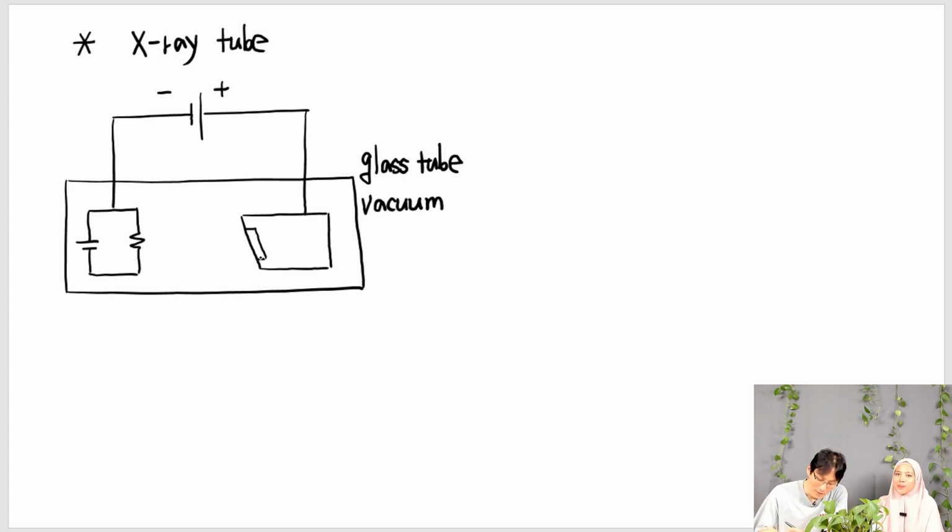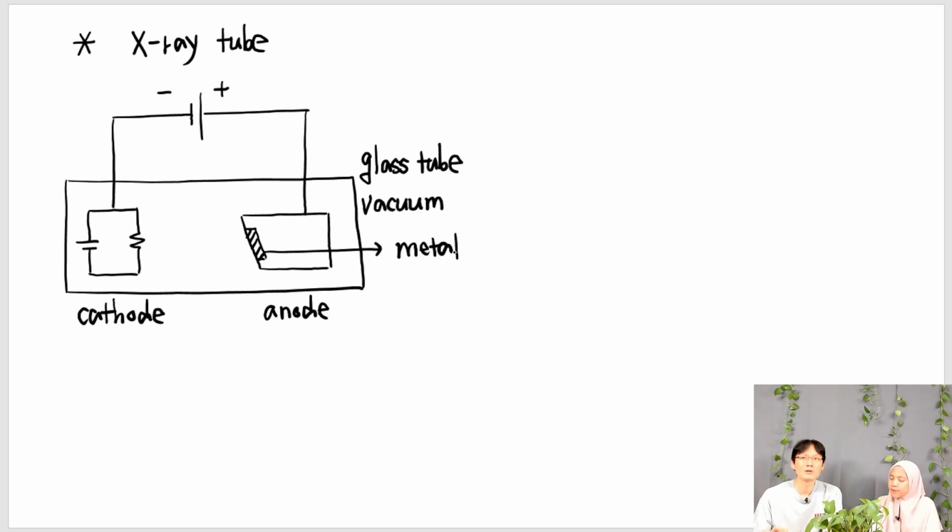Understood, Professor. The left side should be the cathode. The right side, the anode. In the anode, this tiny material will be the metal target. Is it made of copper, sir? Copper, sometimes chrome and cobalt, but copper is generally used.